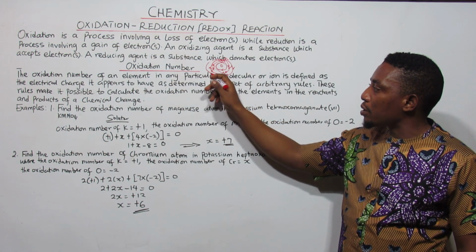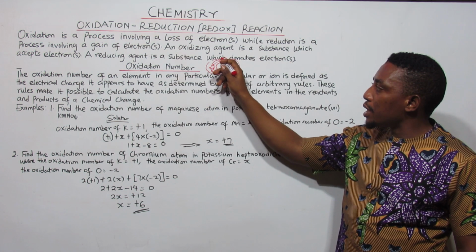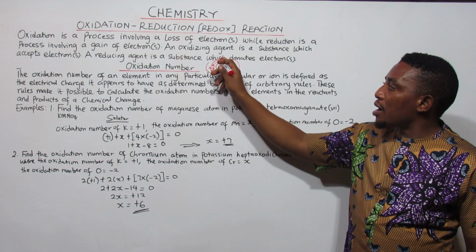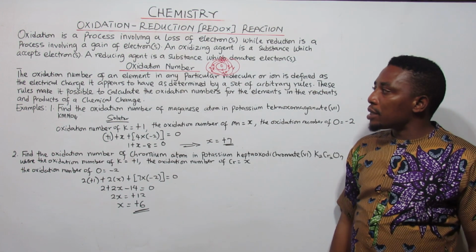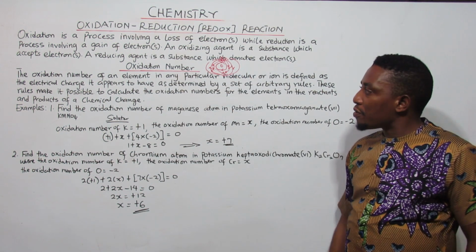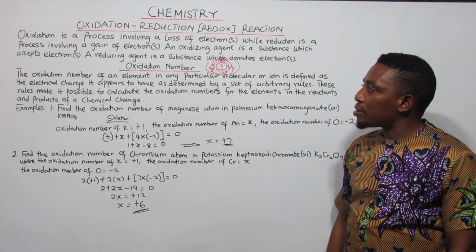Then we have another one here, giving 19. So this is the atomic structure of potassium.